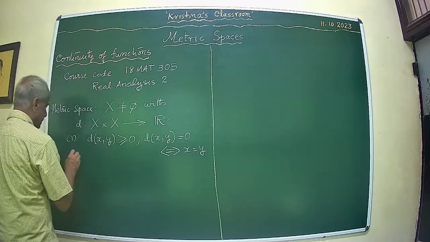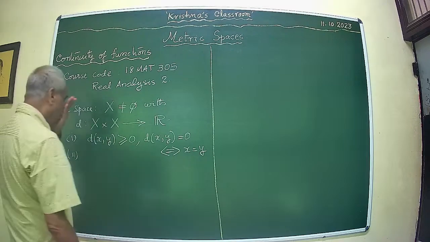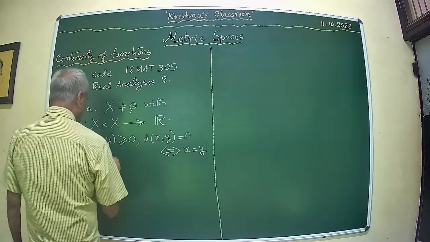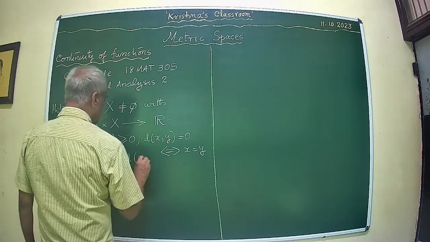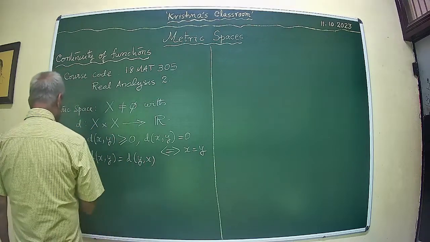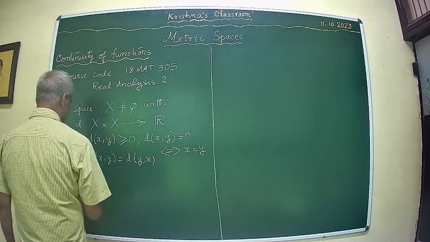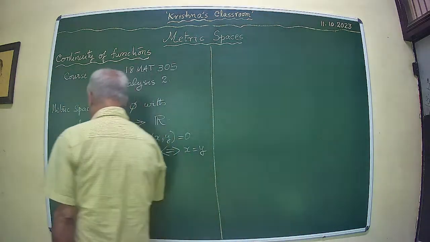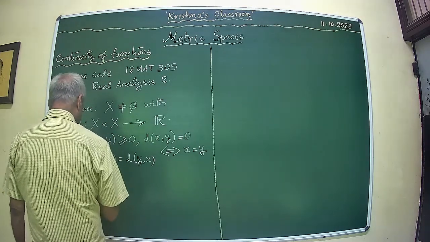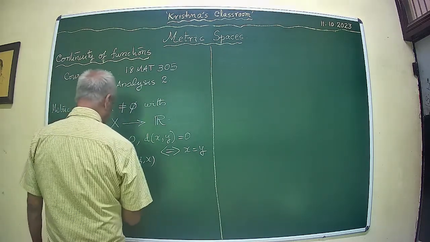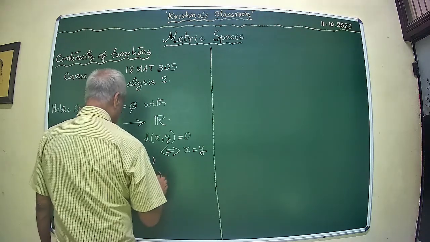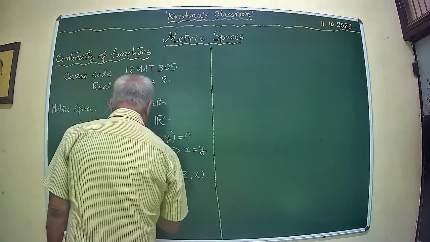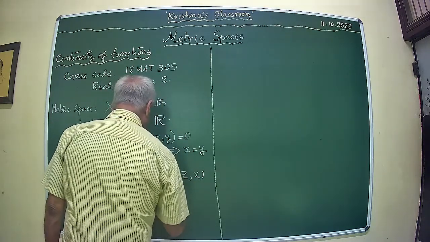The second condition is that it is symmetric, in the sense that d(x,y) equals d(y,x). The third condition is that it satisfies the triangle inequality, namely d(x,y) is less than or equal to d(x,z) plus d(z,y), for x, y, z belonging to X.